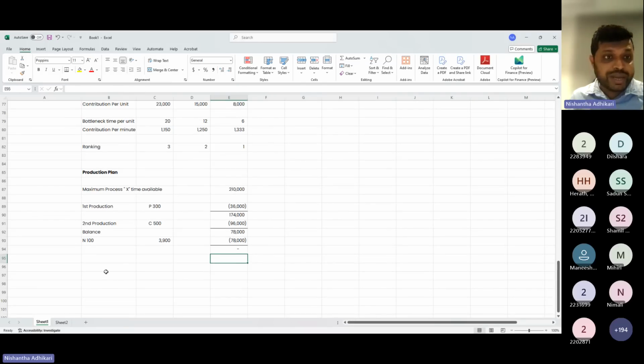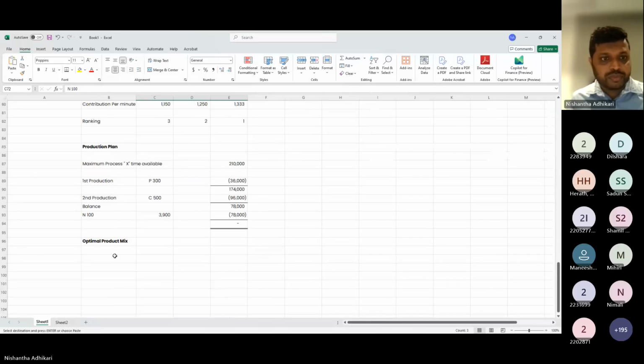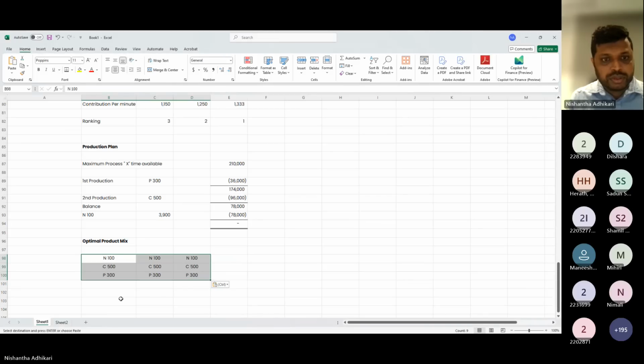Right. Now your production plan you have already prepared. Therefore, the optimal product mix as per marginal costing approach is, right, now we can write it down.